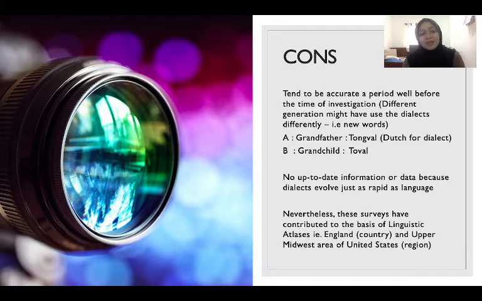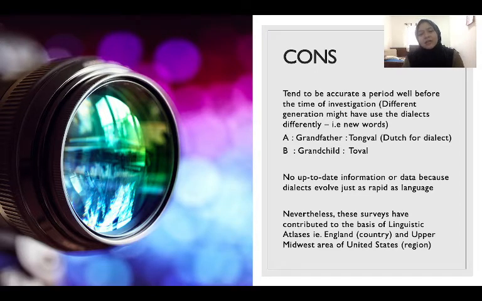However, whenever we try to do this research, it's always not very up to date. It's a little backwards. By the time we have identified a certain dialect, it is already backdated, or already behind. So there's no up to date information or data, because dialects evolve just as rapidly as language.